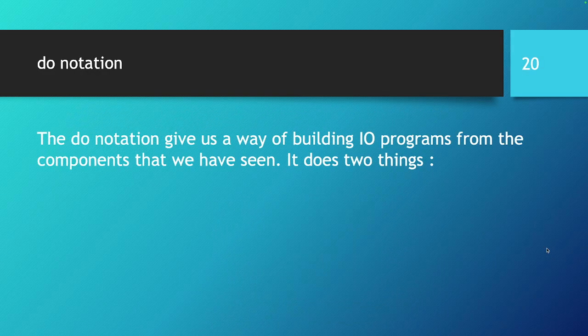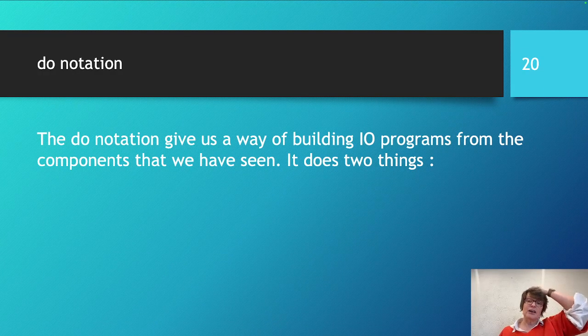The do notation is really important. Essentially, for most of the things you'll be using, your main function rather, will have a do, because you need to sequence things like that. So it gives us a way of building I/O, because in general you probably will need sequence for the I/O, because take in the data, then do something with it.